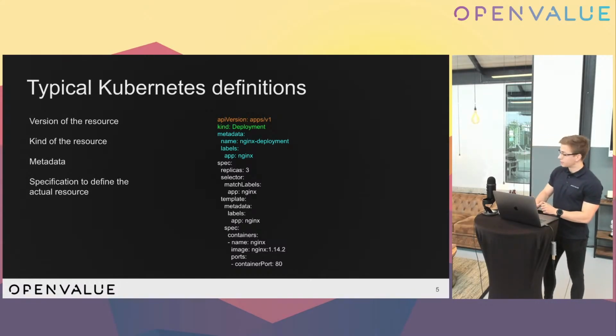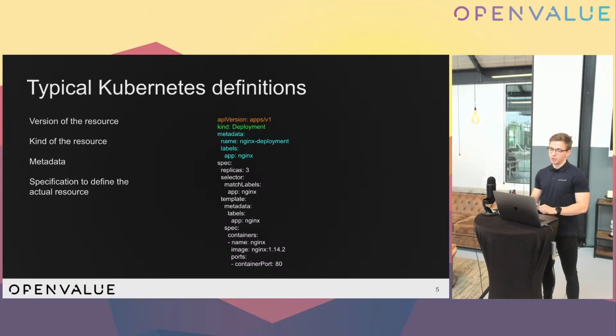In cyan, you see some metadata, which is very important, for example the name. And in white, you specify the resource, so the attributes that belong to the resource you're trying to create. In this example, it is a deployment. That's going to be really similar to what we're going to do with Tekton.